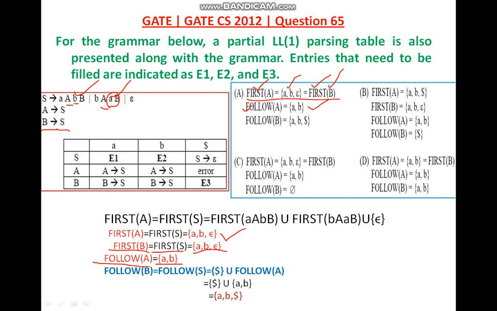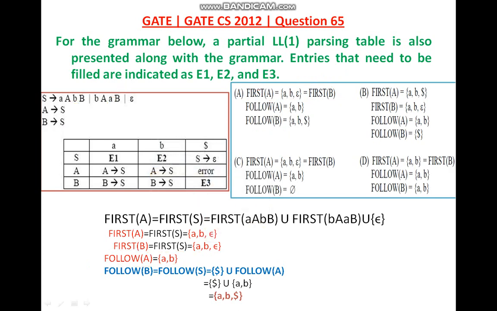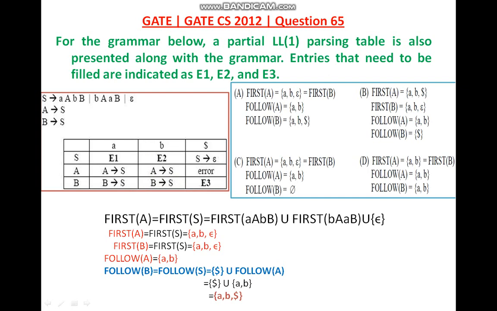Now check for follow of B. From this production rule, producing BAAB, follow of B would be follow of S. I am using rule number 2.